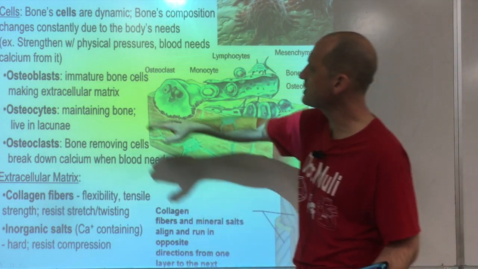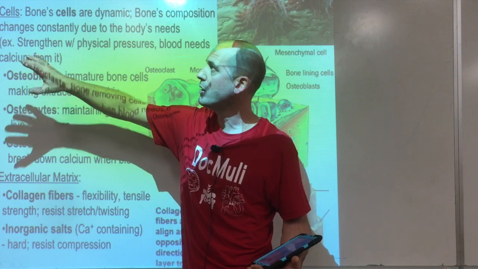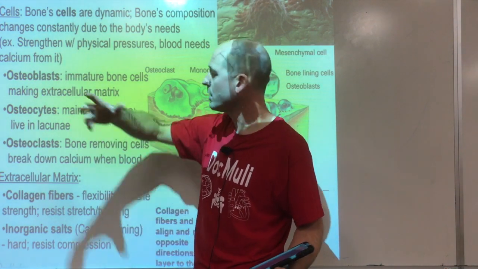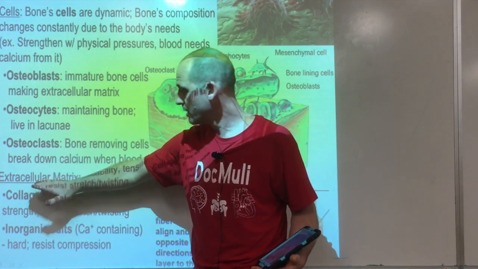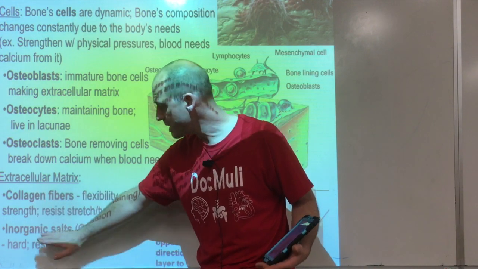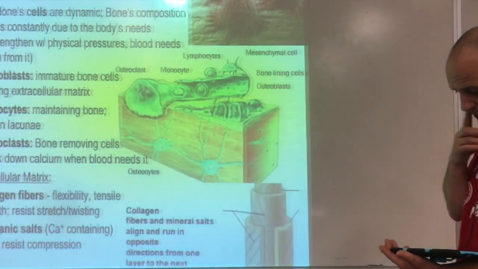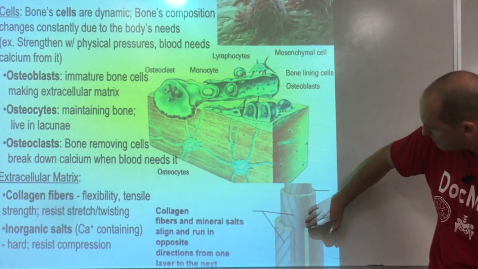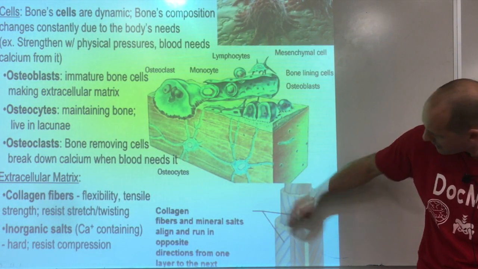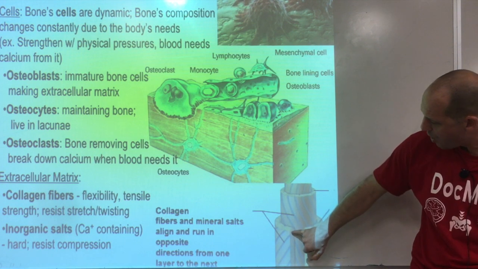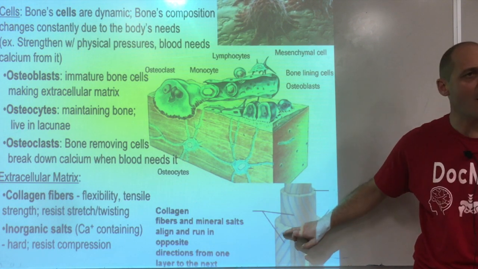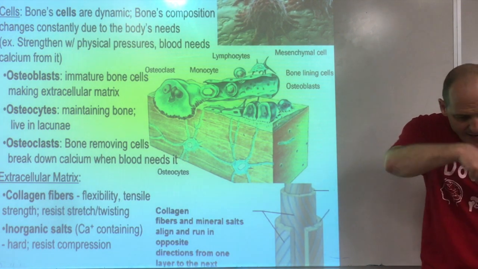So you have the cells, and then again, connective tissue has extracellular matrix, and here's the collagen fibers and the calcium, the inorganic salts. And here are the collagen fibers, the way they're spirally laid down around bone. And there's layers of, it's like the rings in a tree. If you cut a tree, you see these rings.